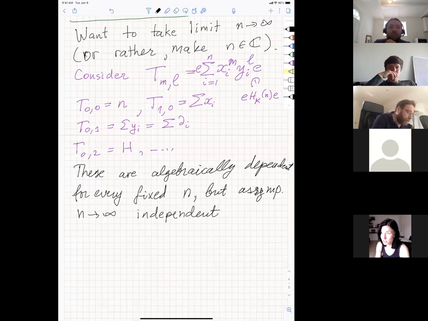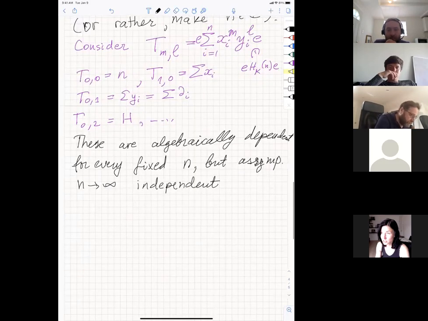So in particular, this means that we can look at the elements z.